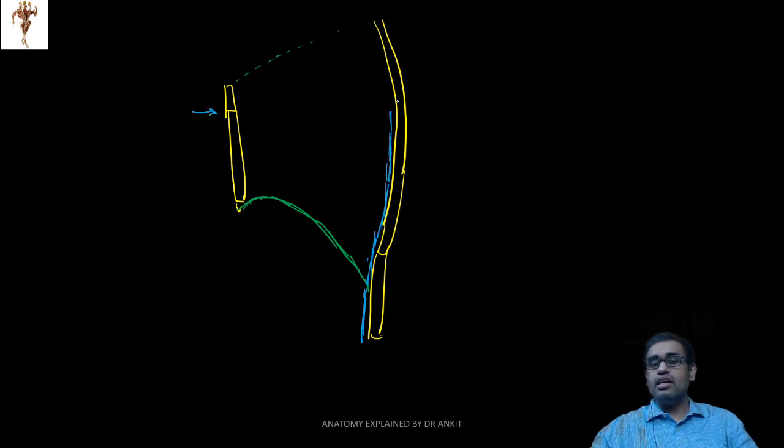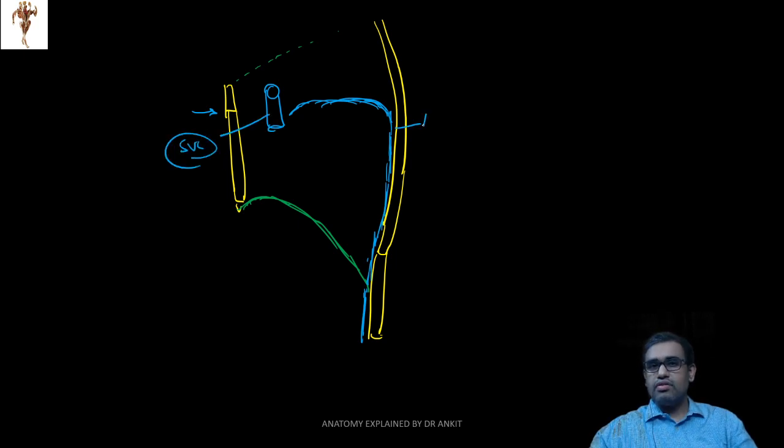Mainly the azygous vein, because the hemiazygous and accessory have already entered the azygous vein while crossing the midline at the T7-T8 vertebrae. Now this azygous vein takes a loop over here, jumps from posterior to anterior, and then drains into the SVC. This is how the picture lies.